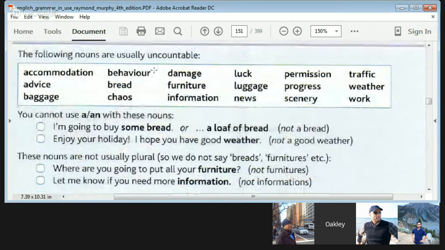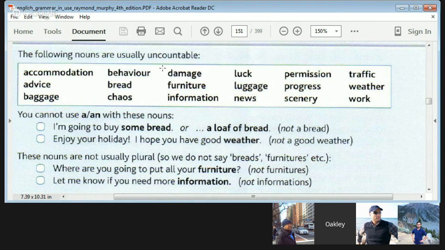Okay. Here are some examples of nouns that are usually uncountable. Okay, accommodation, behavior. Sometimes behavior can be countable. Damage.